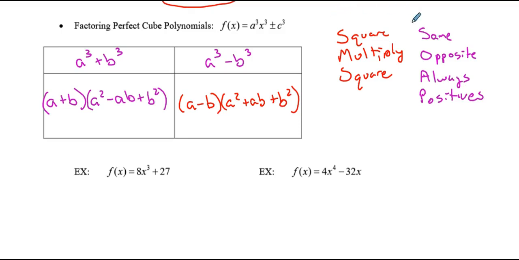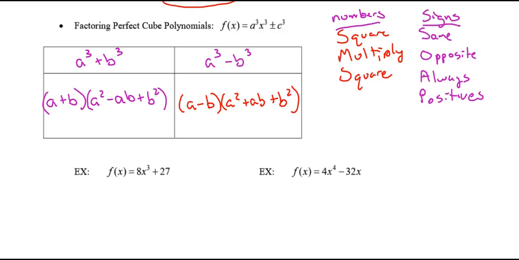This tells you what your sign should be. So if this is plus b cubed, it's plus, so it's the same, the opposite, always positive. For the negative, it's the same, the opposite, always positive. So the square, multiply, square is for the numbers.